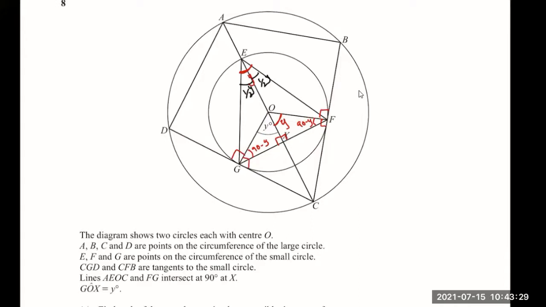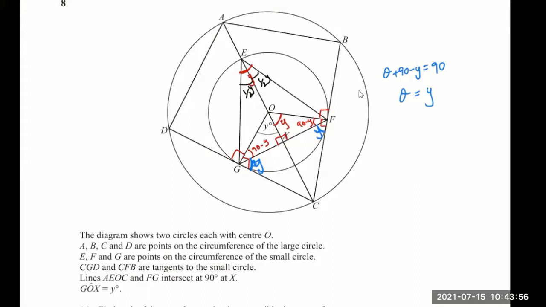Let's call this angle theta. This angle is theta. Can I say that theta plus 90 minus y should equal 90? So theta should actually equal y. So this is y. If this is y, this must also be y.